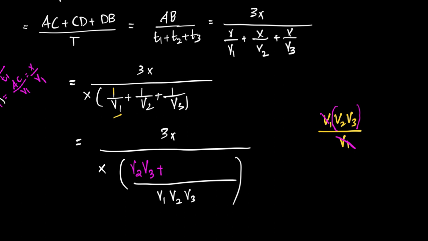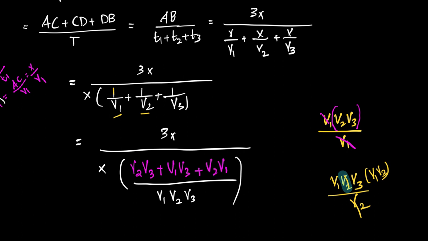Plus, the LCM is v1 v2 v3 and the denominator is v2, so you divide by v2. Now v2 will get cancelled off, and you get v1 v3, so you multiply the numerator with v1 v3. We don't need to do the third part; it would be v2 v1, right?